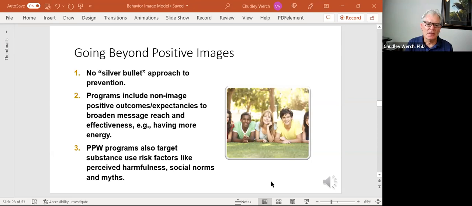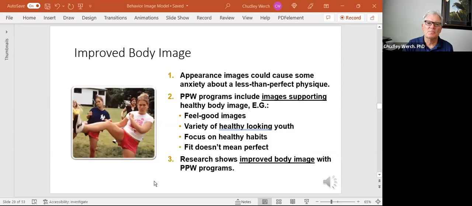And thirdly, addressing other risk factors we know influence substance use, like making sure there are communications in PPW programs about perceived harmfulness of substances, social norms, trying to correct the fact that kids overestimate the number of their peers they think are using, and common myths about substances. All of these are addressed in PPW, prevention plus wellness programs.